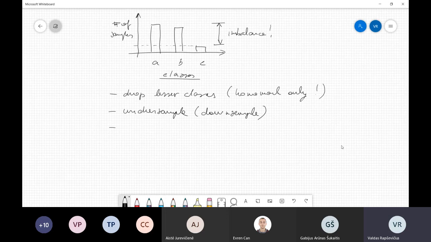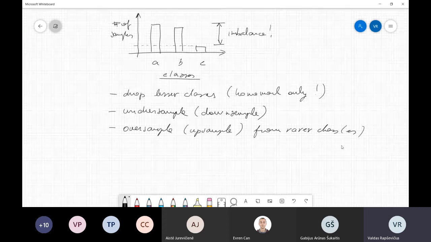So you can take a different strategy. You can oversample, or upsample. In literature, you can find either term. You add additional records from the rarer class or classes. Basically, you are randomly selecting records a few times.